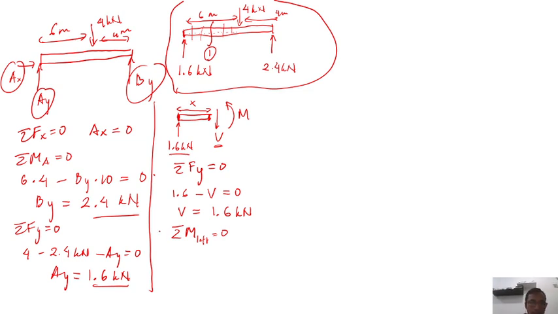So if positive is clockwise, what I will get is phi multiplied by x. In this case, we already know the value of phi, right? Then minus m equal to 0. Here phi is 1.6 kilonewton, so 1.6 x minus m equal to 0. That's why we can find the equation of m here, 1.6 x. This is the equation that I want.